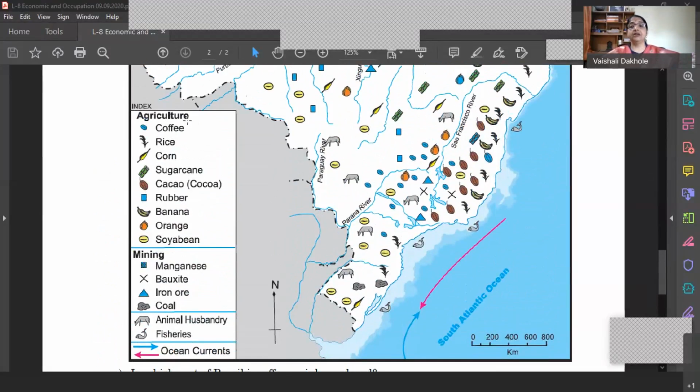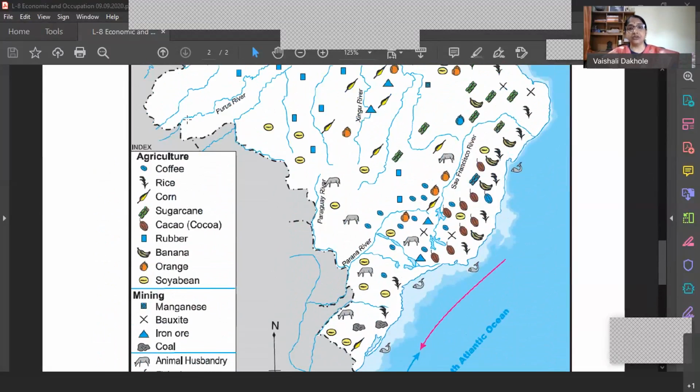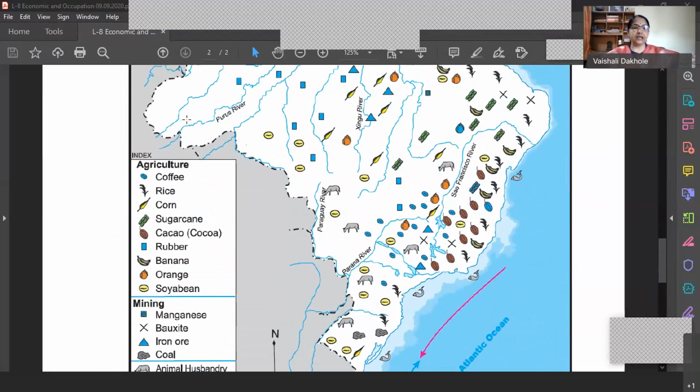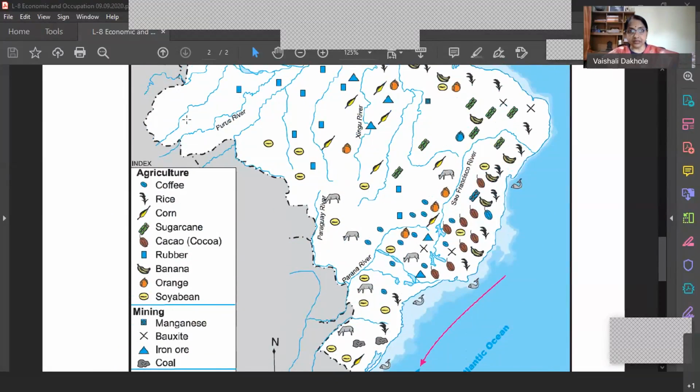So where do you find most of the agricultural production concentrated, or most of the minerals concentrated? With the help of the index, you can notice that most of the agricultural production is on the eastern coast of Brazil, and most of the minerals are concentrated on the eastern and southern part of Brazil.